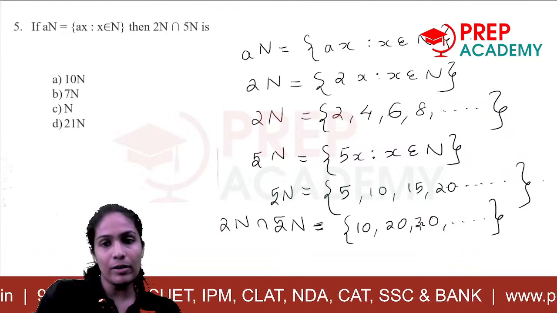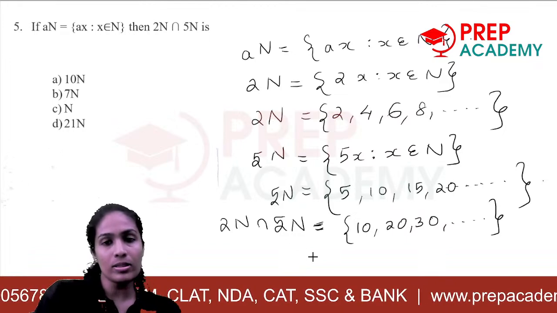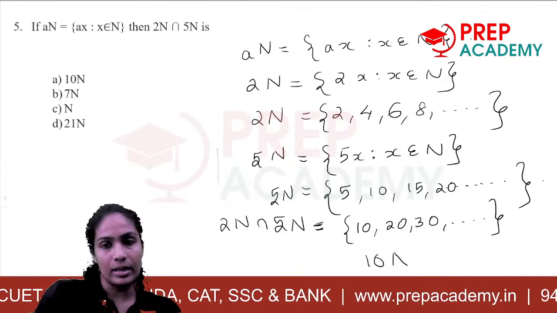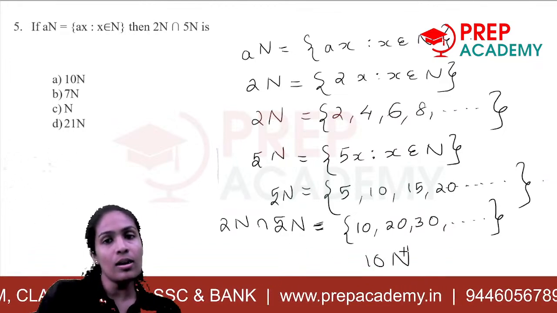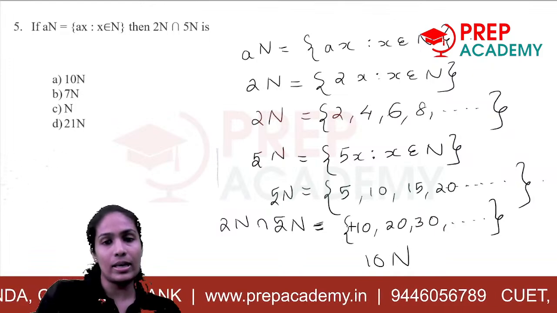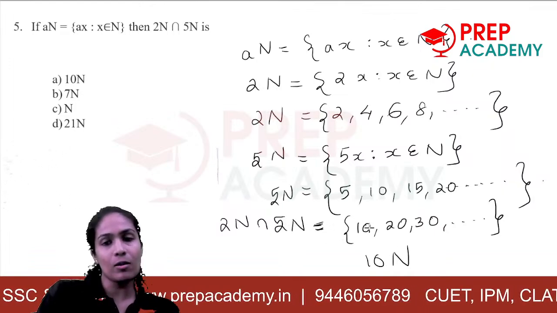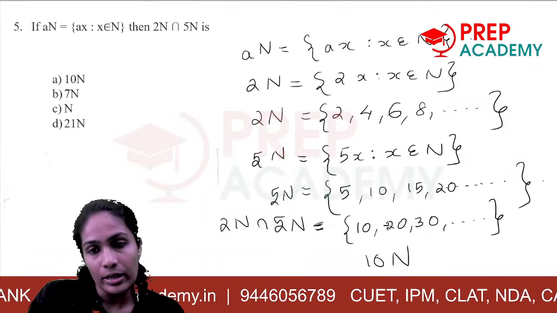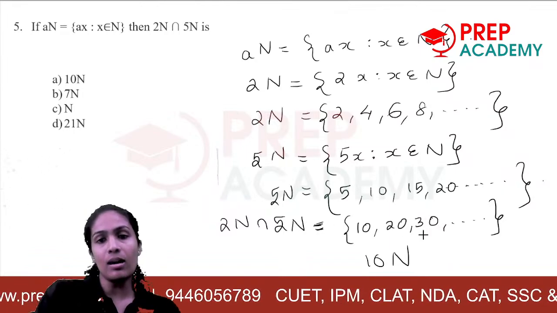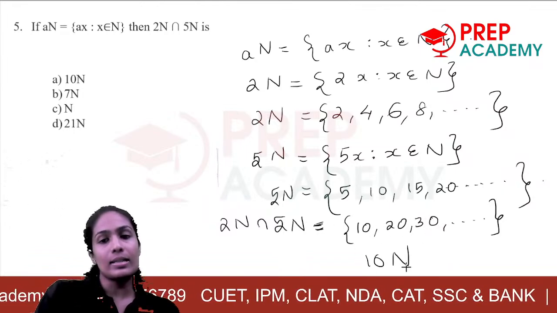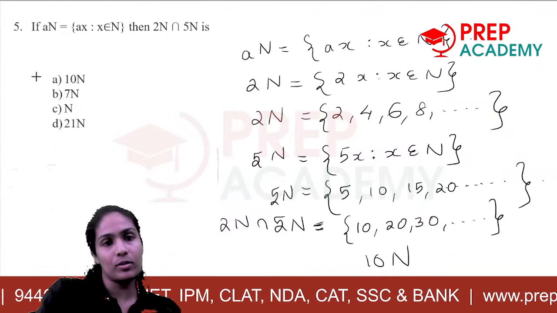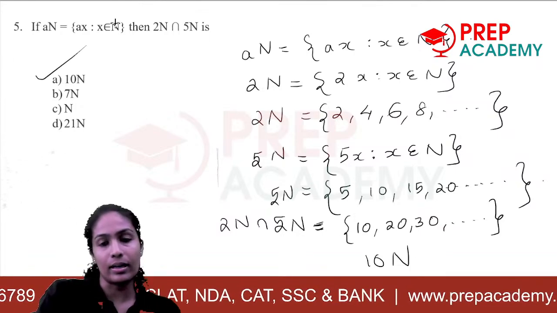But 10, 20, 30, etc. denotes the set 10N. 10N means the set of all multiples of 10. So the set 2N intersection 5N is equal to the set of all 10, 20, 30, etc., which is 10N. So option A is the correct answer.